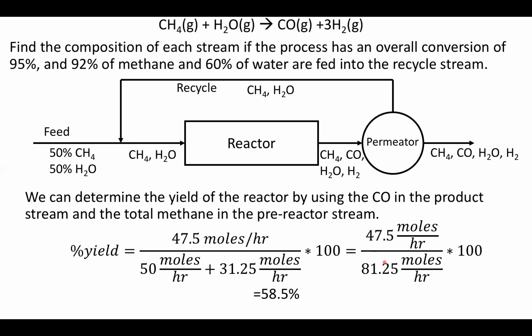So this is actually a fairly useful illustration of a common principle in industrial chemistry. Because this overall process has a yield or percent conversion of about 95%. This is very good. The reactor, not so good, closer to 58%.